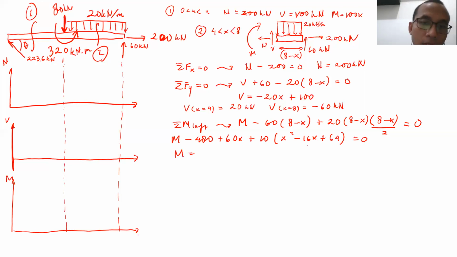In this case, my moment value will be minus 10x squared plus 60x minus 60 plus 100x in this case, then minus 640 plus 480, minus 480 is minus 160, I believe.